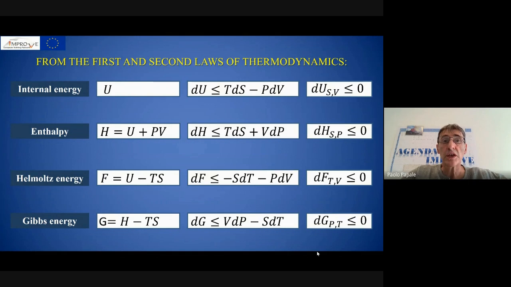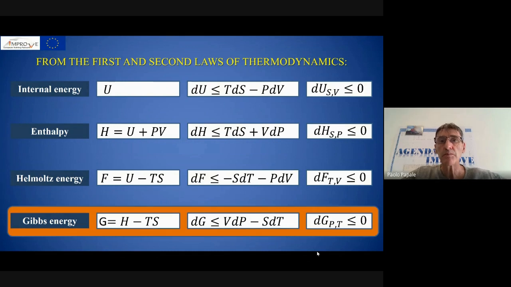We can differentiate them and see how our attempt of switching variables through the Legendre transformations was indeed successful. In fact, enthalpy turns out to be a function of entropy and pressure. The Helmholtz energy is a function of temperature and volume, and this is the relevant part of the story, the Gibbs energy is a function of pressure and temperature.